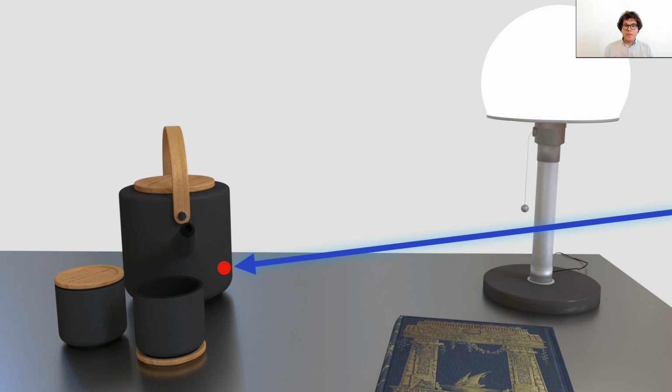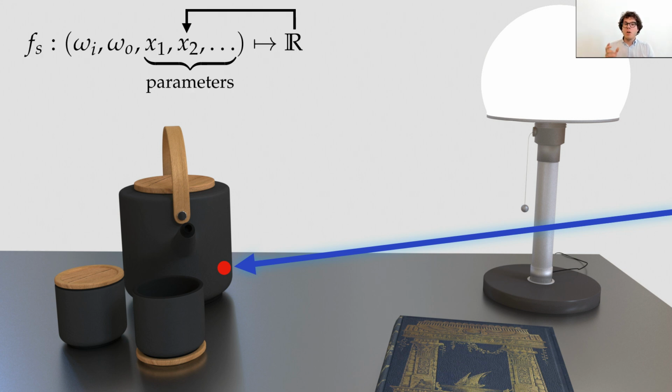At a given intersection, there are normally just one or two local parameters like albedo or roughness influencing shading, and we know exactly which ones those are because they're the ones that are queried by the BRDF when we evaluate it. Now, what we have to do is to splat this incident energy directly into those parameters, for instance, into texels of a texture. Now, it's actually a tiny bit more complicated than that because the BRDF might be more sensitive to some parameters than others.